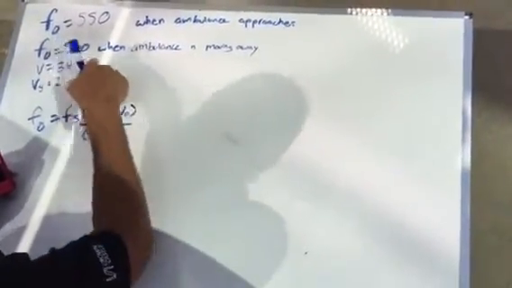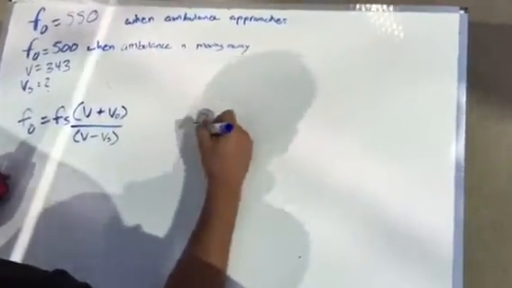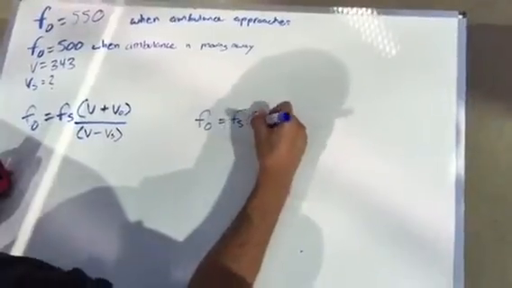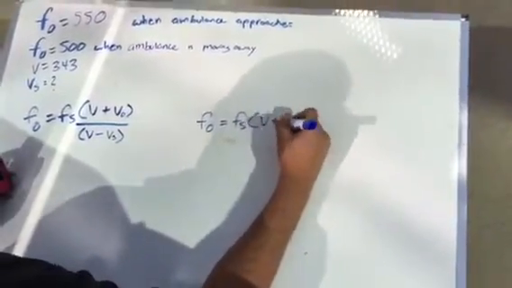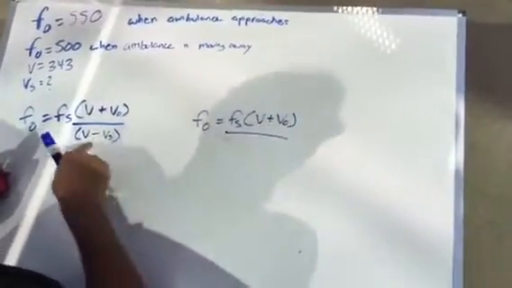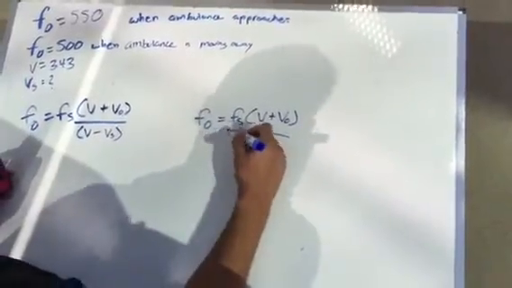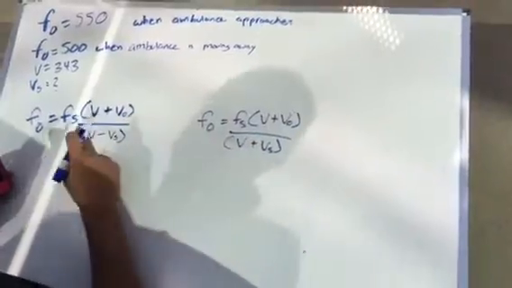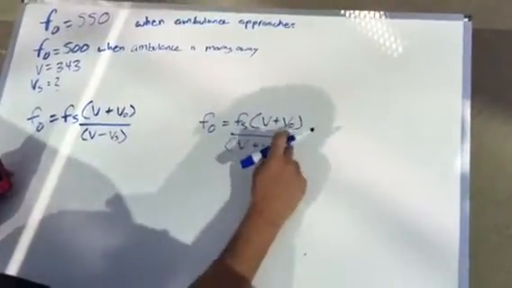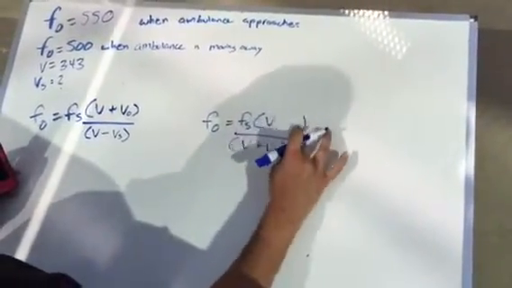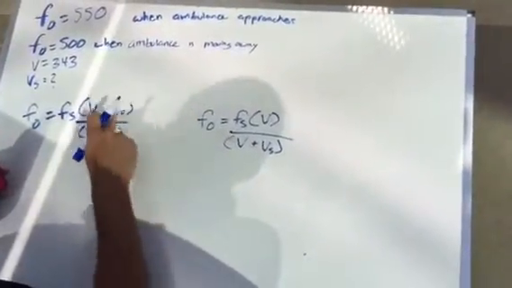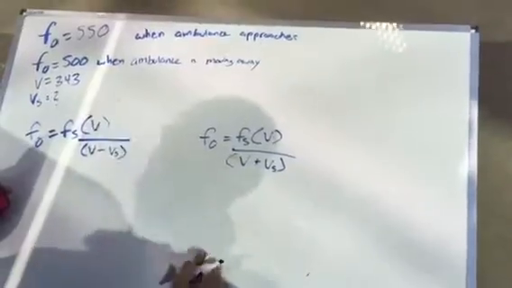And then in the second case right here, it's going to be the same thing, but instead of subtraction, it's going to be addition. So we're going to do that. And then we know, since you're standing still, the velocity of the observer is going to be 0. So you can go ahead and do that, and then do that as well on this side.